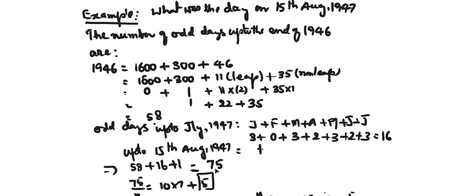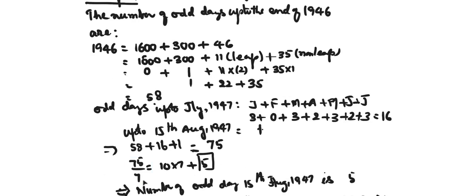So 75 odd days. 75 divided by 7 is equal to 10 into 7 plus 5. So in these 75 odd days, I have 10 complete weeks, leaving 5 extra days.